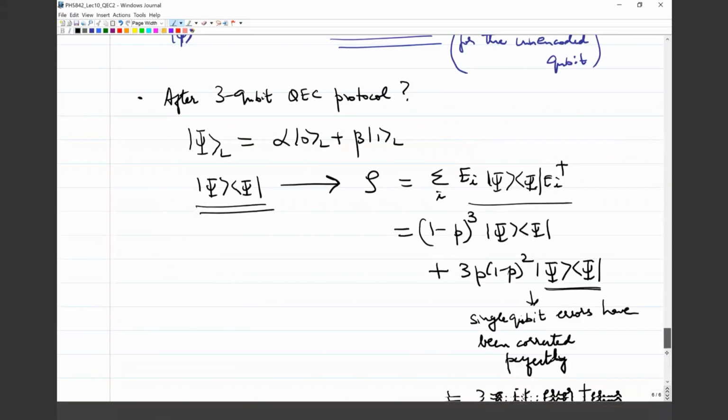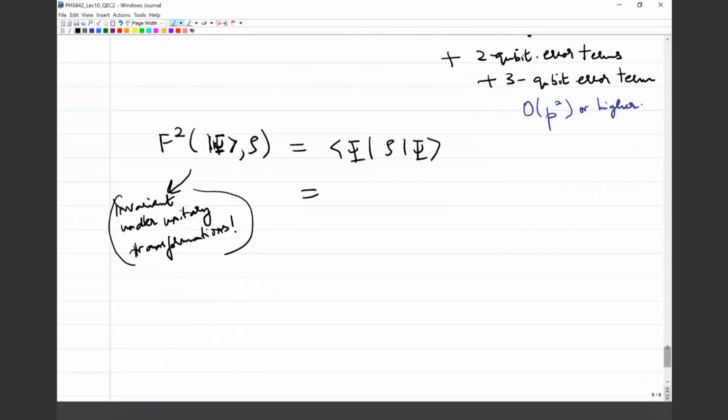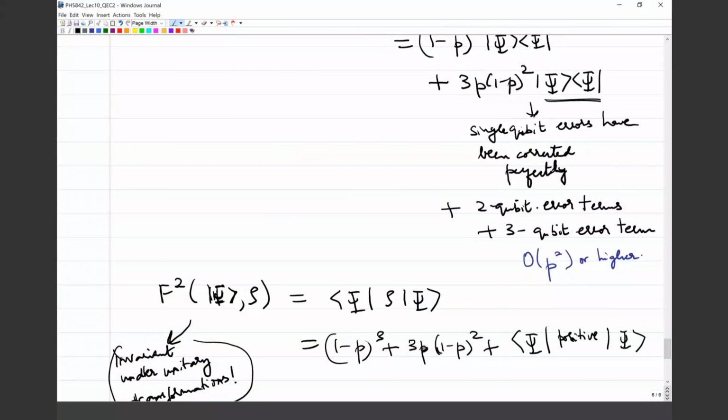So what is this? This is now again psi rho psi. I've only listed the first two terms. The first two terms give me a perfect overlap with psi. So that is just 1 minus p the whole cube plus 3p 1 minus p squared, plus overlap of psi with the 2 qubit and 3 qubit error terms. But note that these are all some set of positive operators.